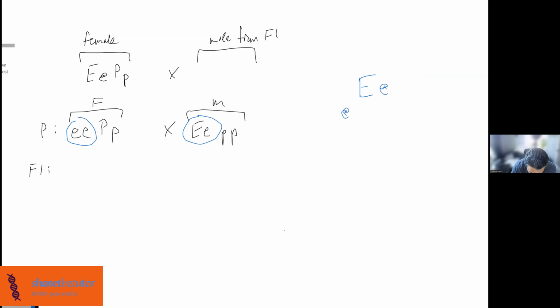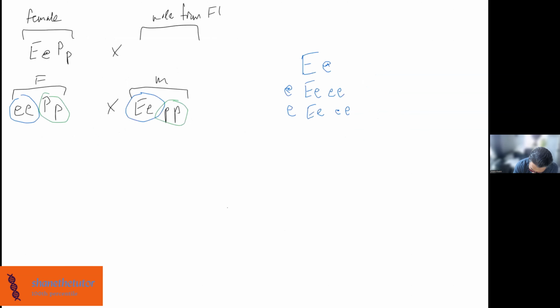So this would give me big E, little e, little e, little e, big E, little e, little e, little e. And then for the P's, I'm going to use green to cross them. This should give me big P, little p, little p, little p, big P, little p, little p, little p.